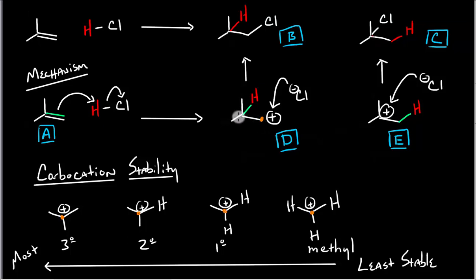This is a mistake because these three carbons are not all directly attached to this orange carbon. This orange carbon only has one directly attached carbon, and it's this carbon right here. So D, if we categorize it, ends up being what's called a primary carbocation.